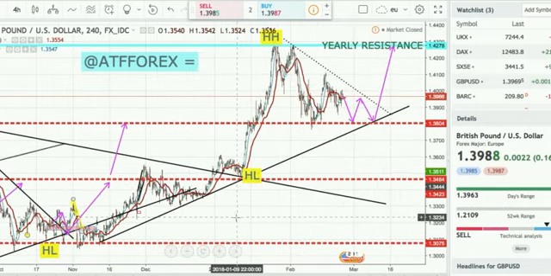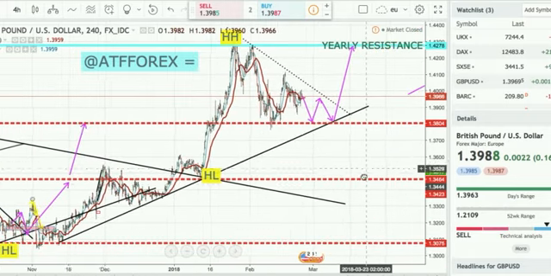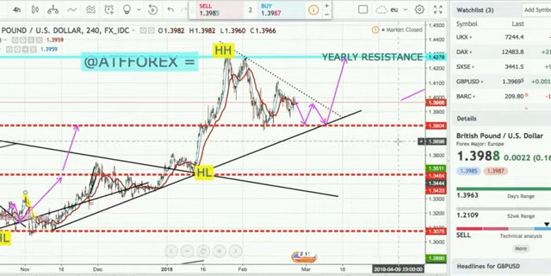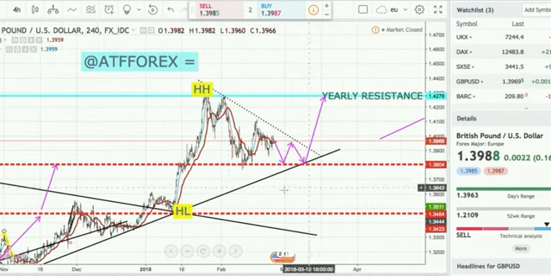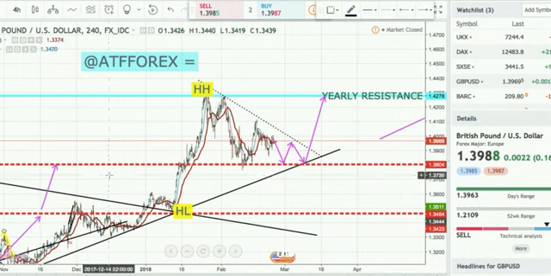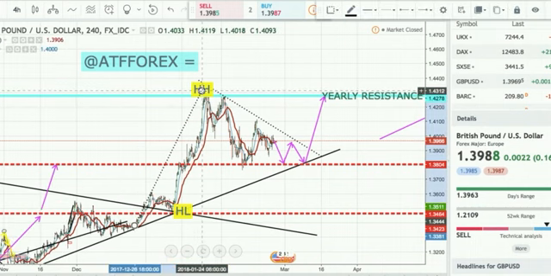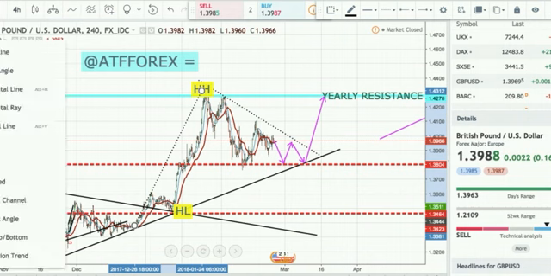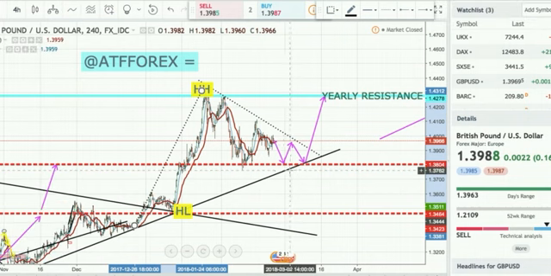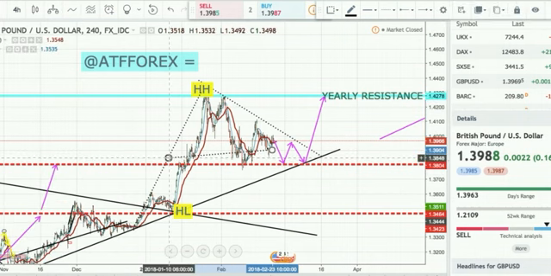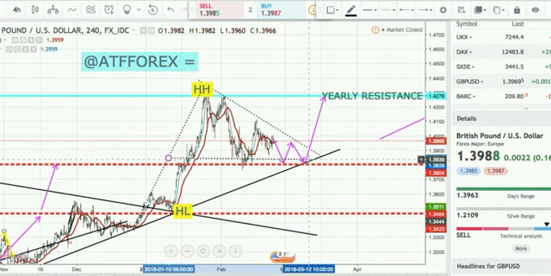But what we've got here, and this is quite common with GBPUSD when it is on an uptrend, is a bullish pennant forming. So we've got the flag, the pole, and then this triangle formation right there: a bullish pennant.